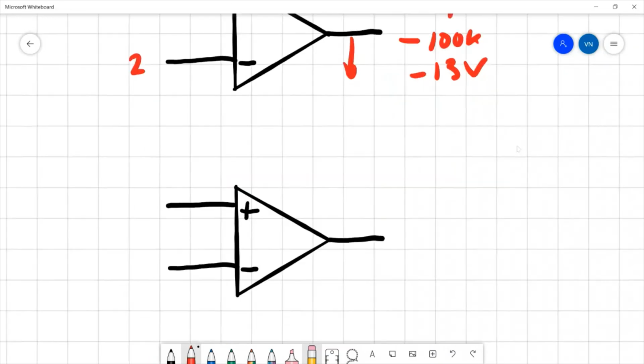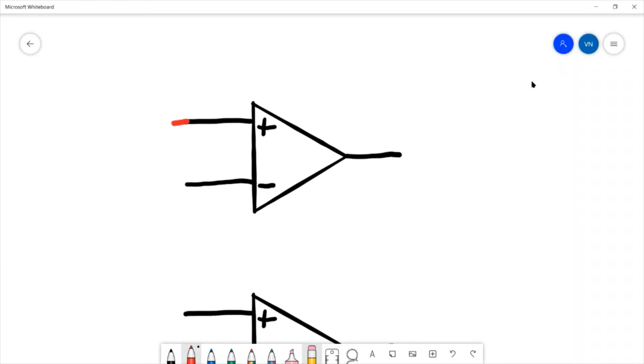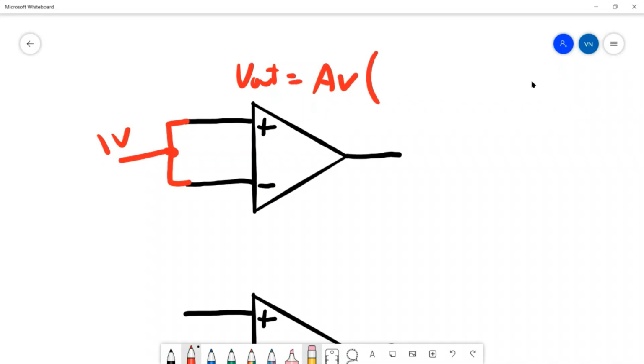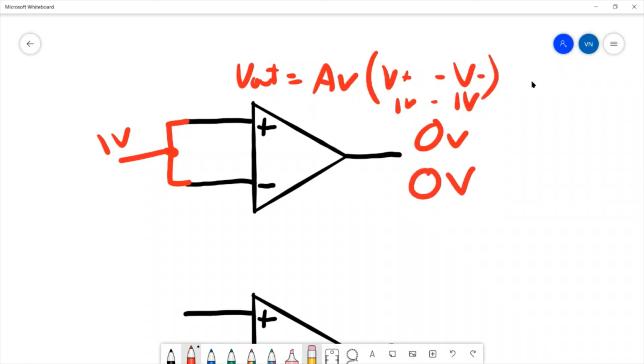What if you put the same voltage on both inputs? Let's say 1 volt. V out equals AV times V plus minus V minus, that would be 1 volt minus 1 volt. The difference between the two inputs is 0 volts, and 100,000 times 0 is still 0, so you should get 0 volts out.